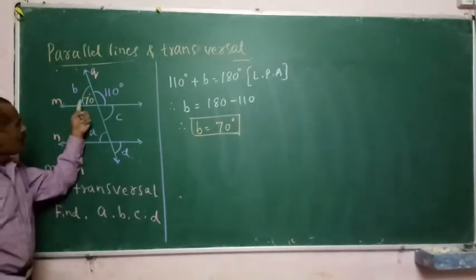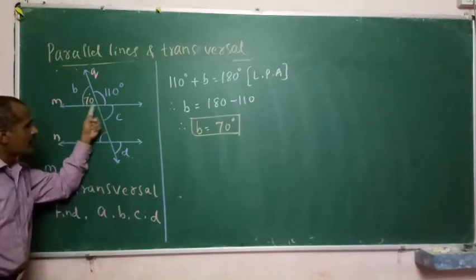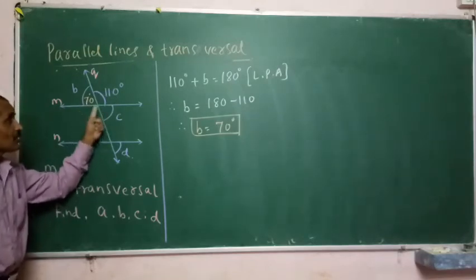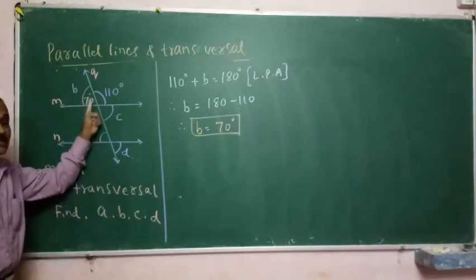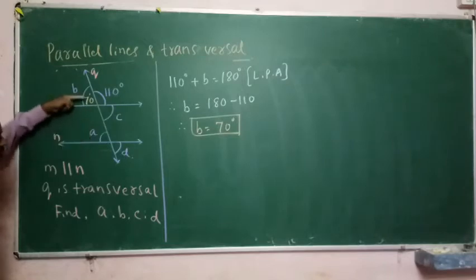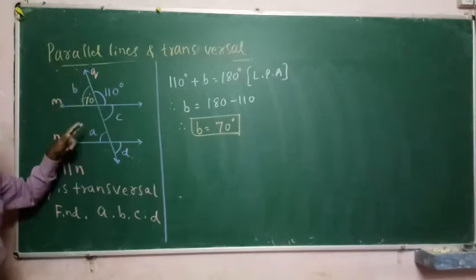Now you see, when this angle is 70, what about this angle? These are called vertically opposite angles. Or you can come directly here also. What are these two? These are called corresponding angles. They are equal. When this is 70, this is also 70 degrees.